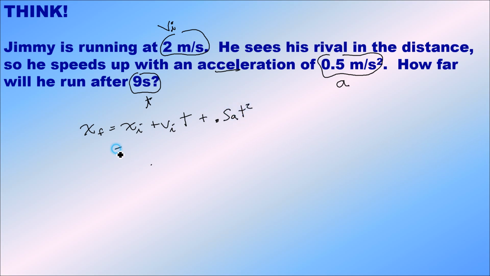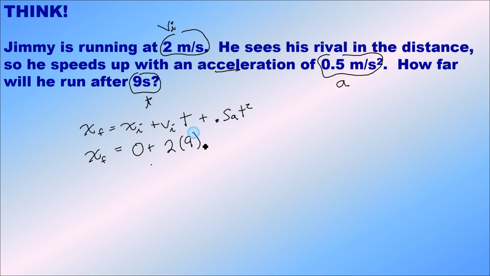Then we're going to substitute in each value that we have into parentheses. An initial position is not given, so that is 0. Our initial velocity is 2.